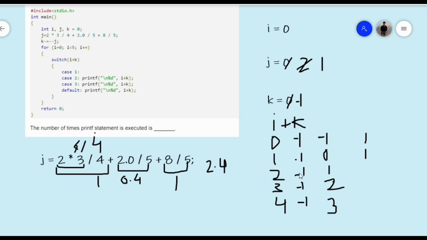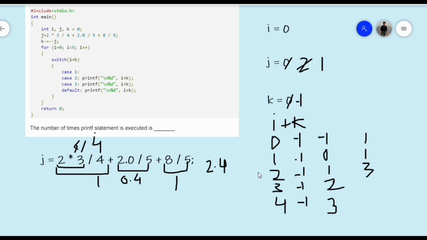When i plus k value is 1, in that case case 1 will be executed, and we haven't written any break statement, and in case 1 we don't have any printf statement. So how many times will the printf statement be executed? 1, 2 and 3, so 3 times.